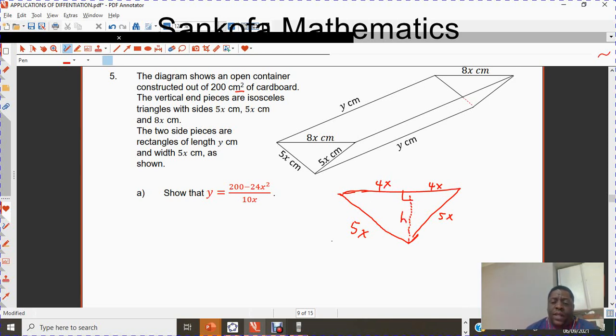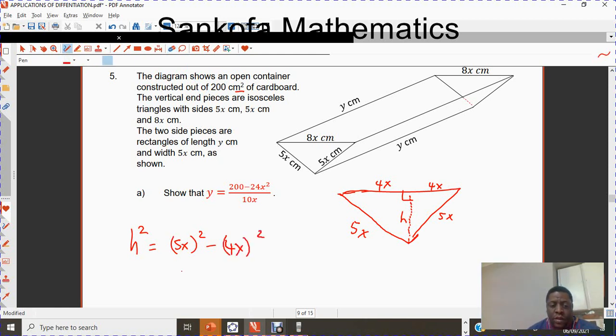So if I want to find the height, I will use Pythagoras Theorem. Pythagoras Theorem says h squared equals 5x squared minus 4x squared.